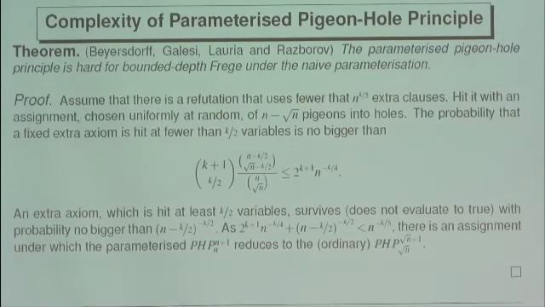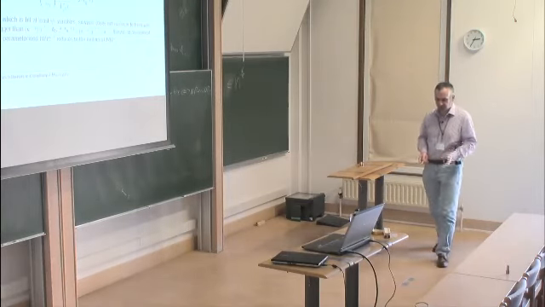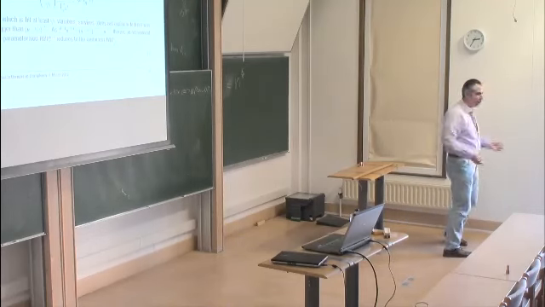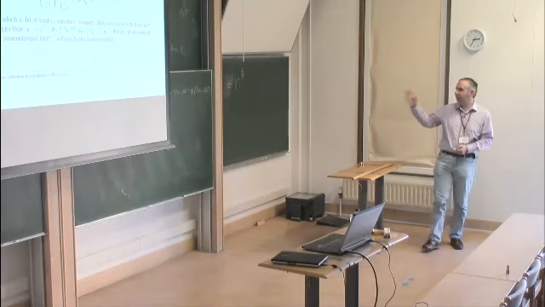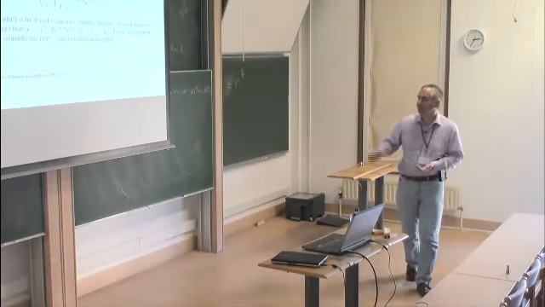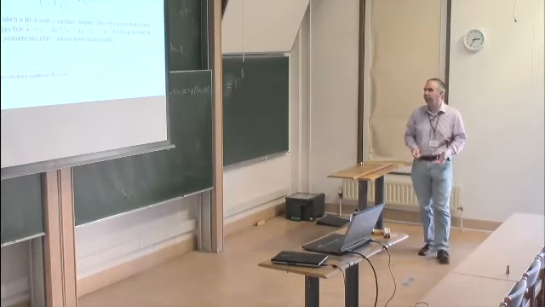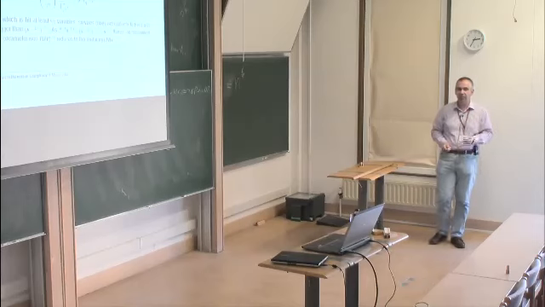And so if that happens with reasonably good probability, that means there is a specific assignment of n minus square root of n pigeons to that many holes that kills all the extra clauses. And what you are left with then is just an ordinary non-parameterized pigeonhole principle from square root of n plus 1 to square root of n.